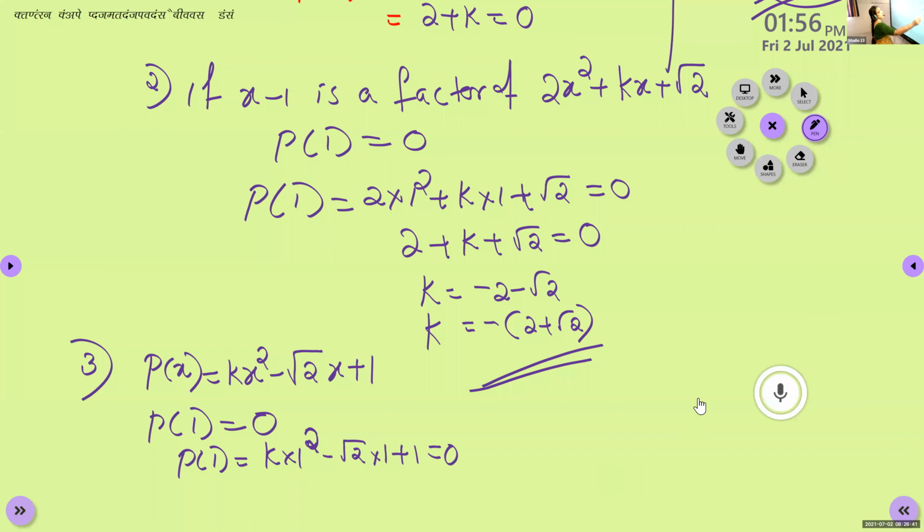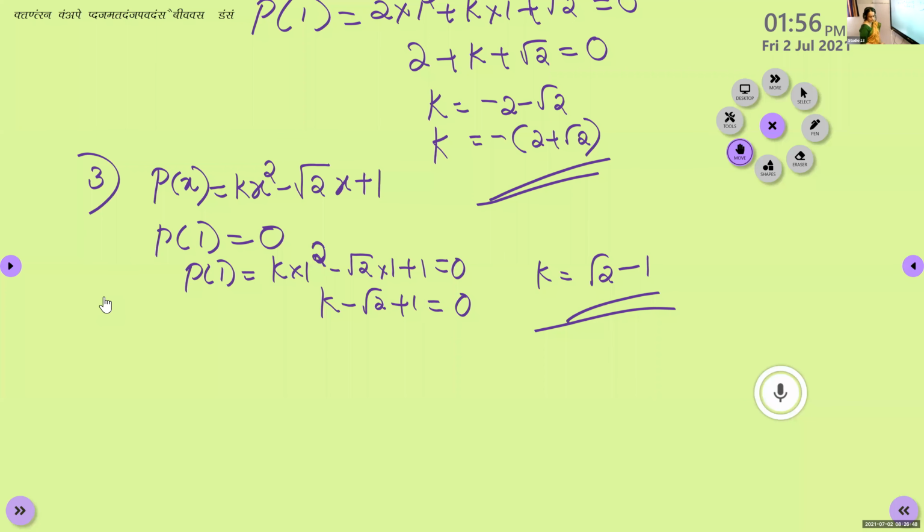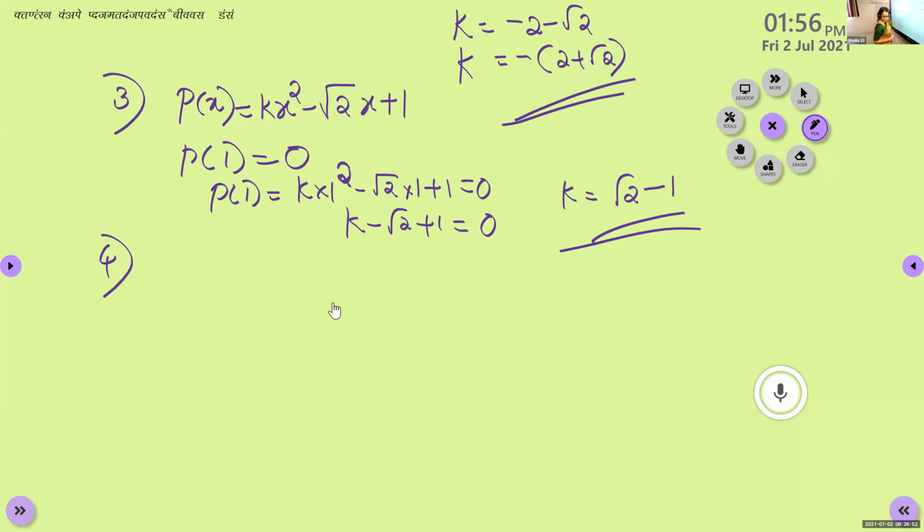Say, if x minus 1 is a factor of kx square minus 3x plus k.